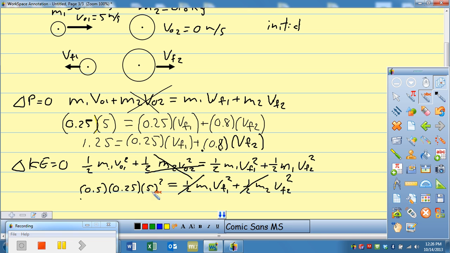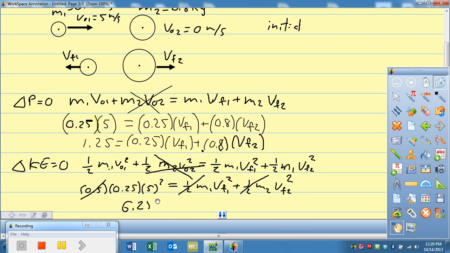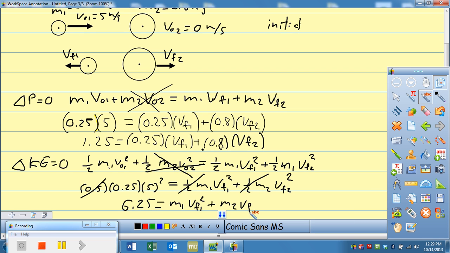Okay, so now 5 squared is 25. 0.25 times 25 is 6.25. So here we have 6.25 equals m1 v final 1 squared plus m2 v final 2 squared.